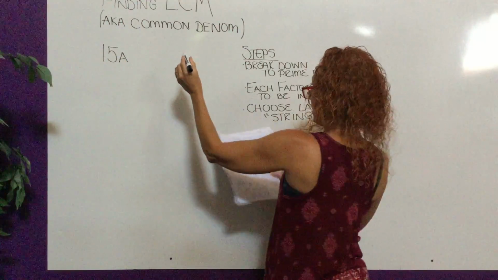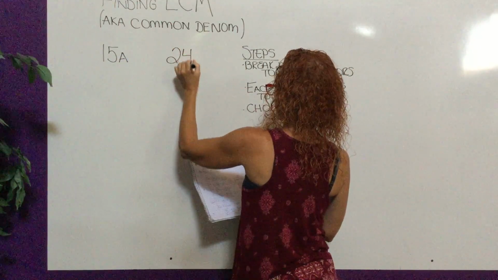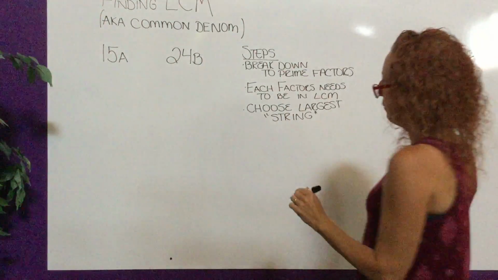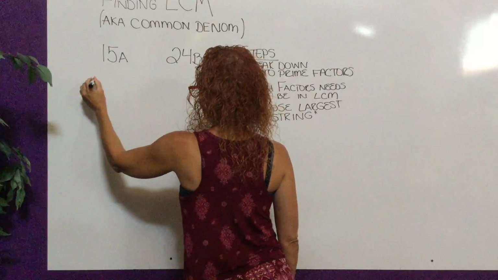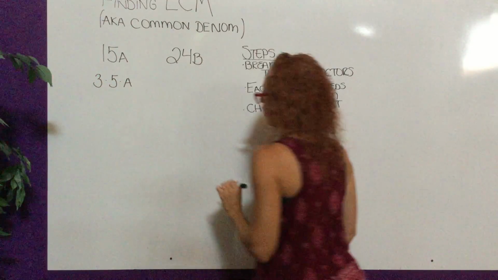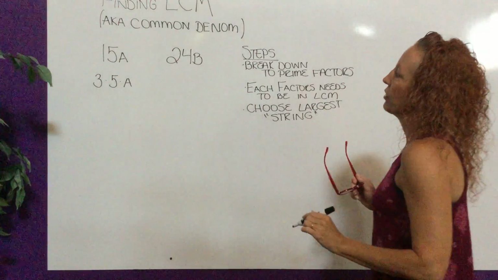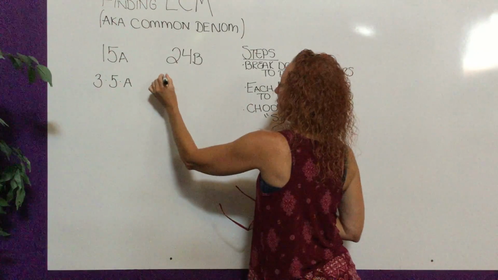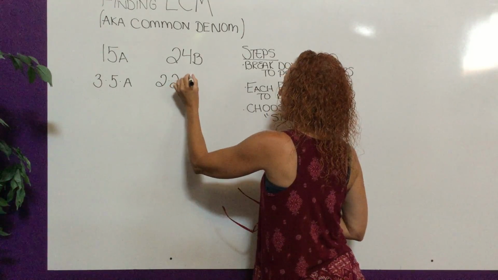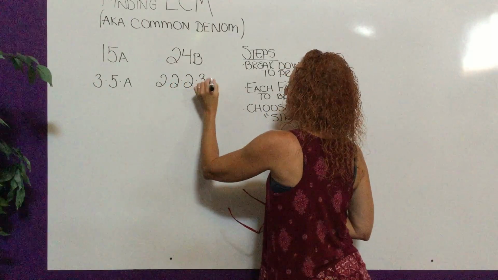And my other expression will be 24b. Break down 15. 15 is 3 times 5 and then times a. Break down 24. 24 is 2 times 12, which is 2 times 6, which is 2 times 3.